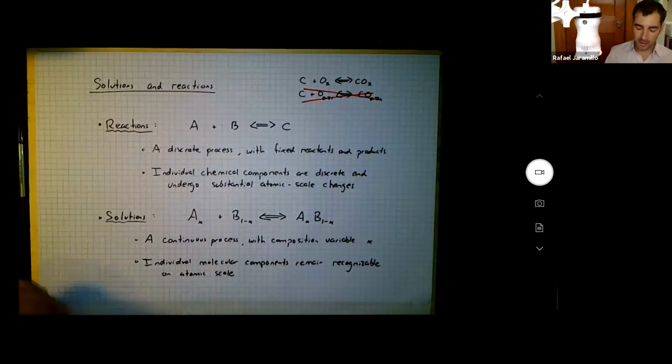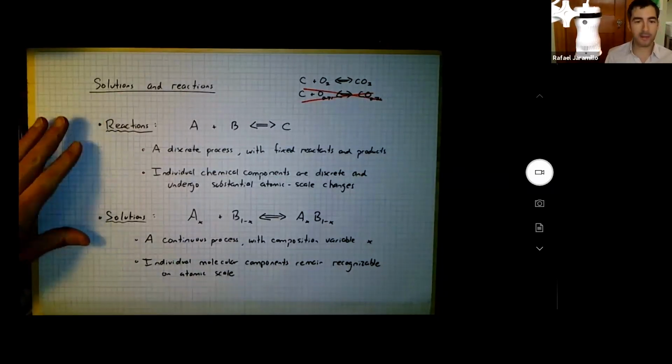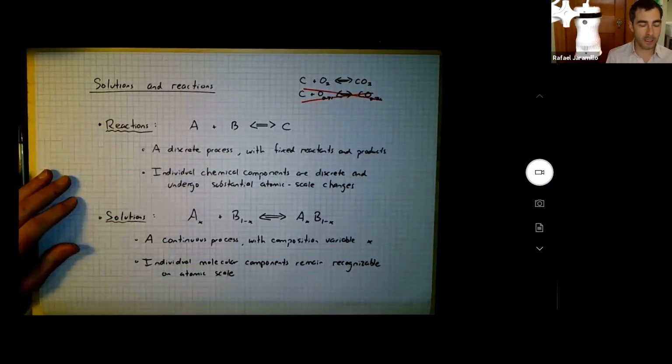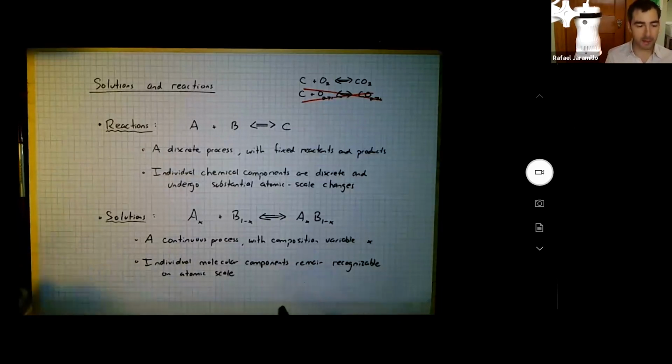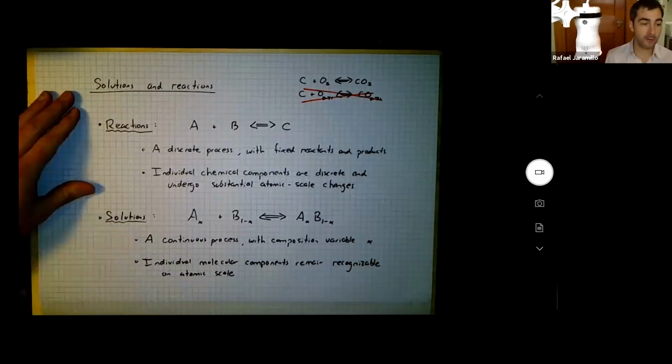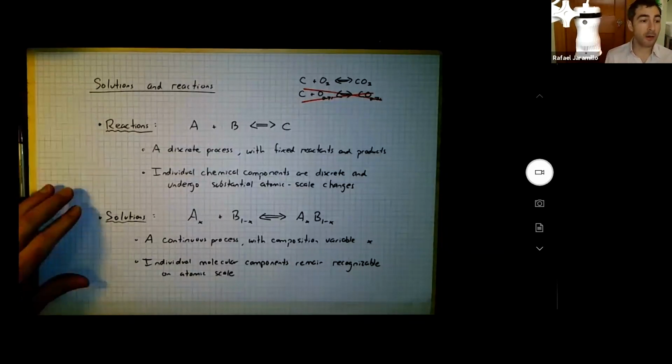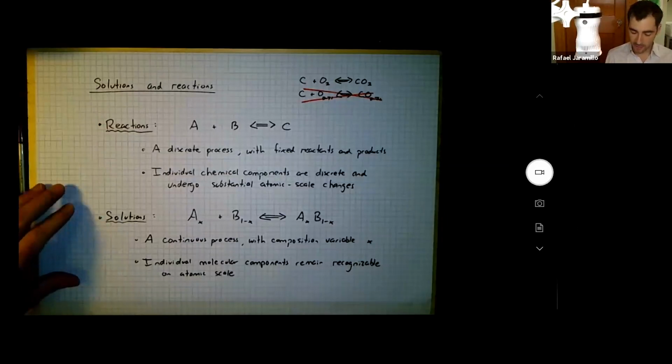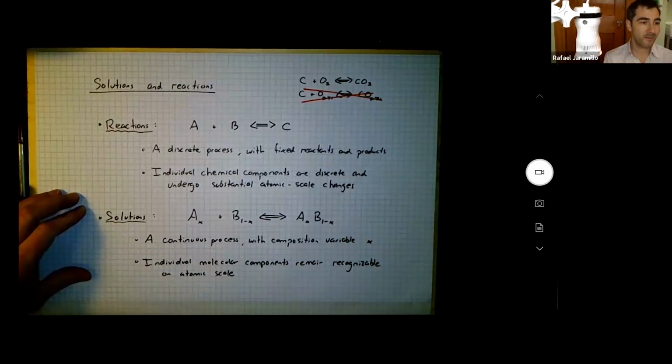But I do want to stop and point this out because we just did reactions. And everything I'm about to tell you in the next couple weeks could be analyzed using the mechanism of reactions, but it would be inconvenient to do so. Just as everything which we did in the last two lectures could have been done using the formalism of solutions, but it would have been inconvenient to do so.